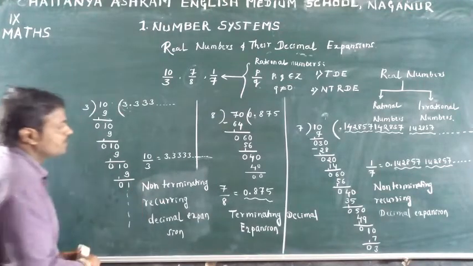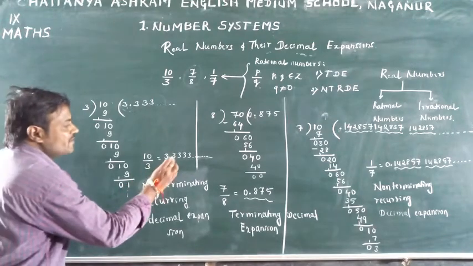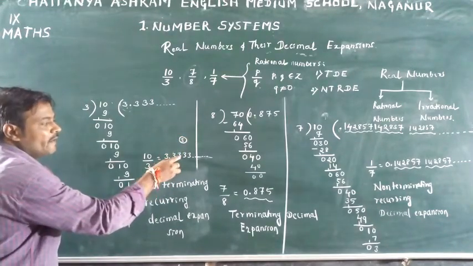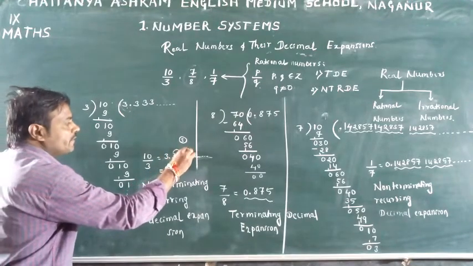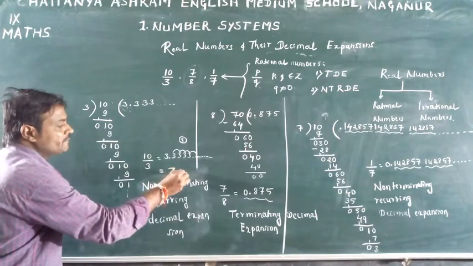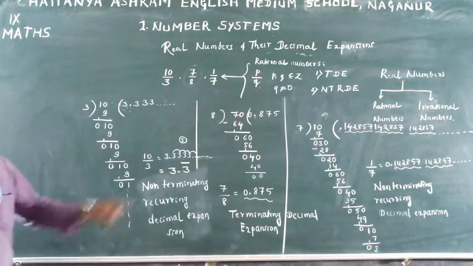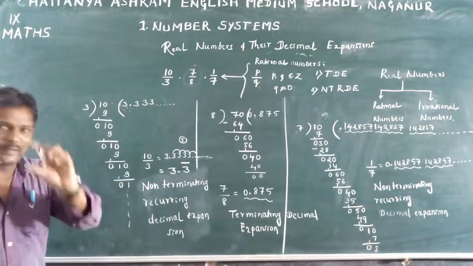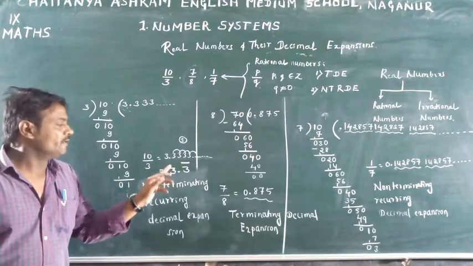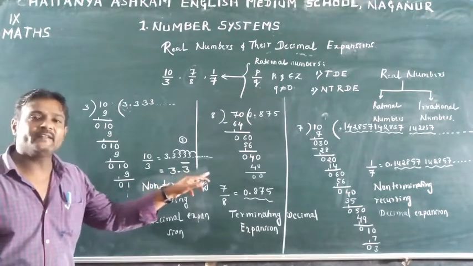Here see, which digit is repeating? The digit 3 is repeating now here. So this we can write 3.3 bar. Write a bar over 3, which means the digit 3 is repeating. 3.3 bar means 3.33333.